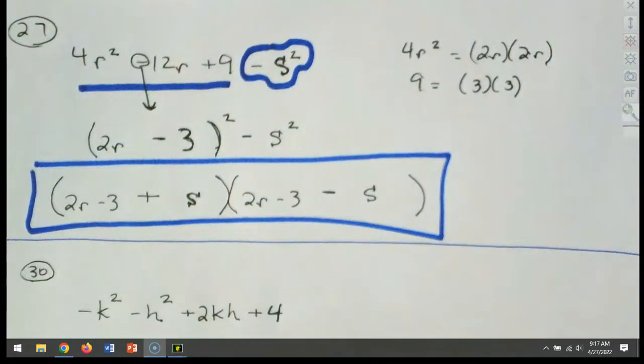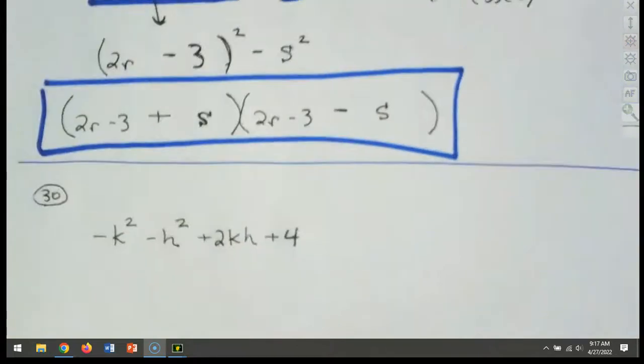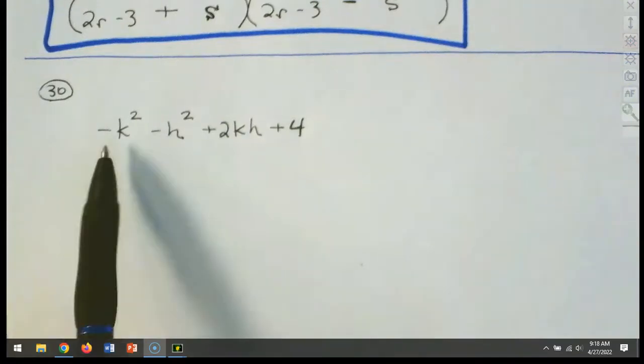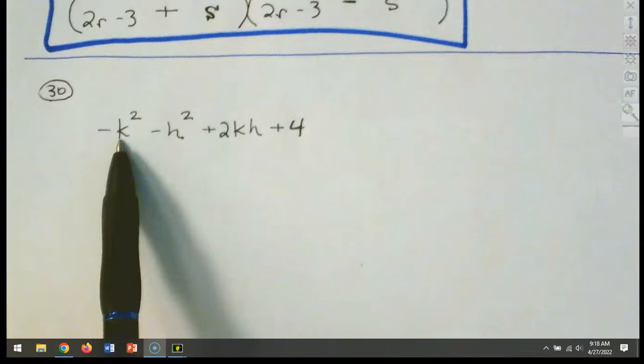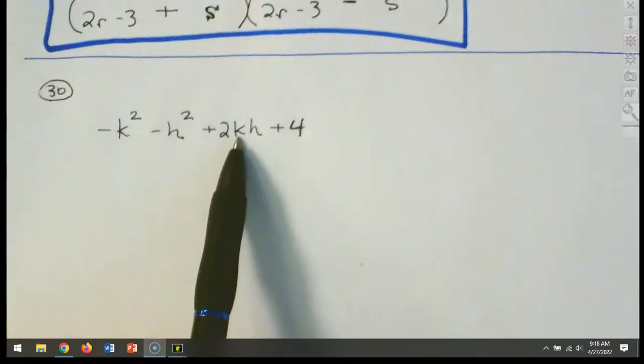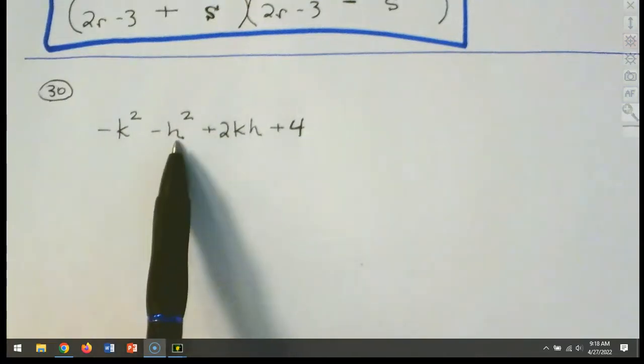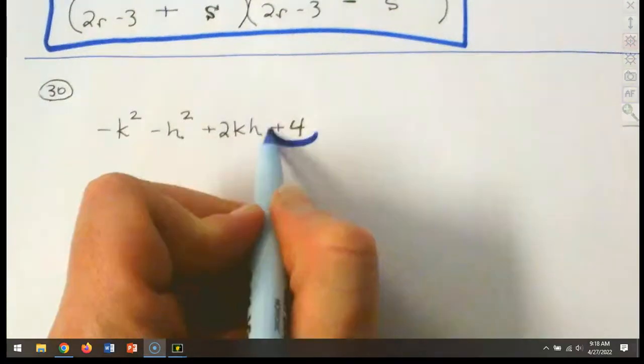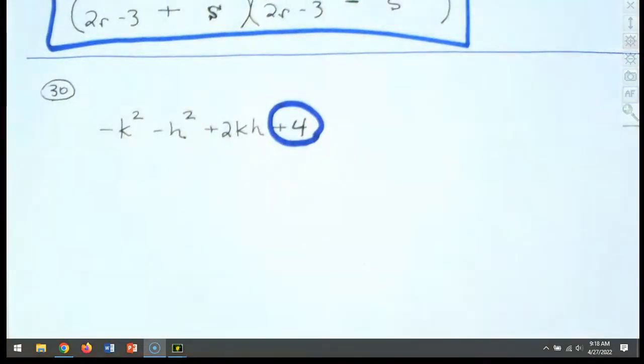Okay, now with this one, we need to find the part that's separate by itself, and it needs to be a square. Now, when we look at this, we've got a k squared to match up with that k, so we're good there. H squared matches up with that h. But what we have that's by itself, that is a square, is this right here. Because 4 is a perfect square of 2.